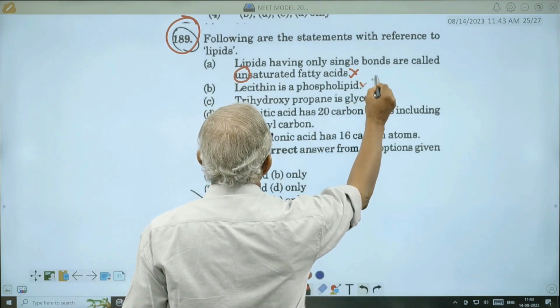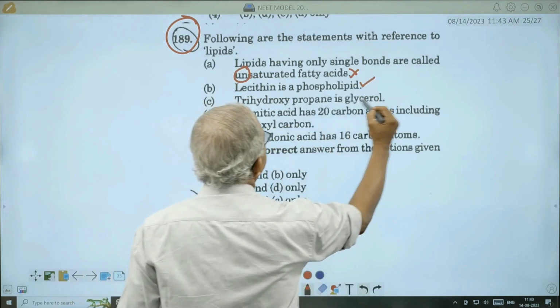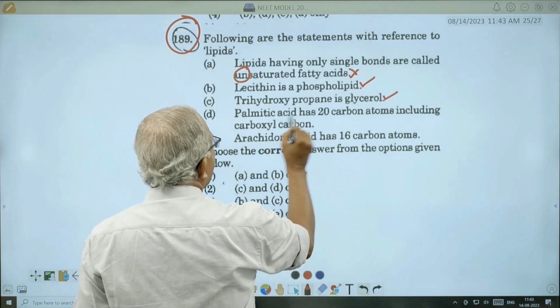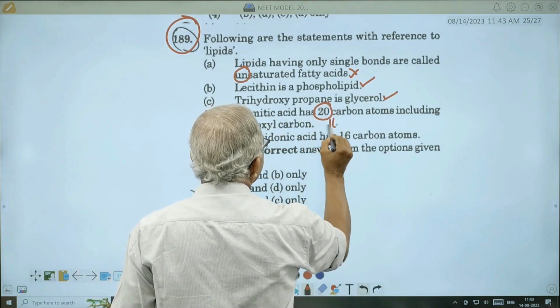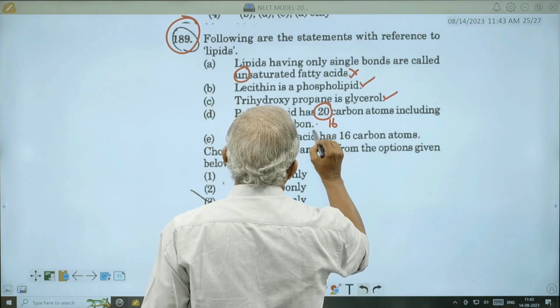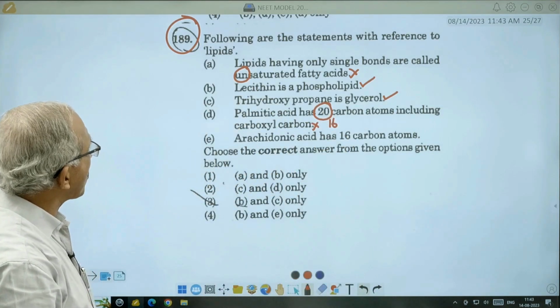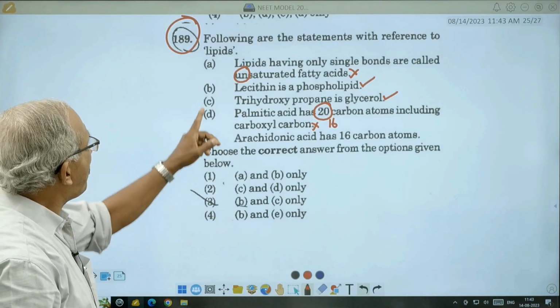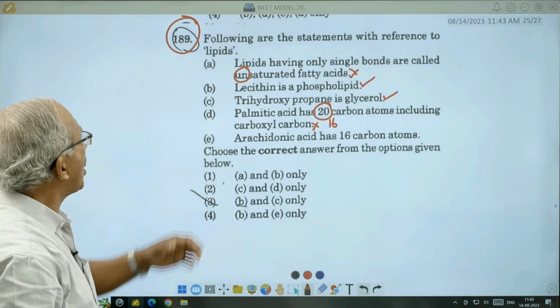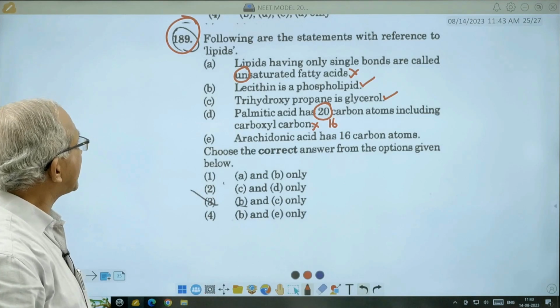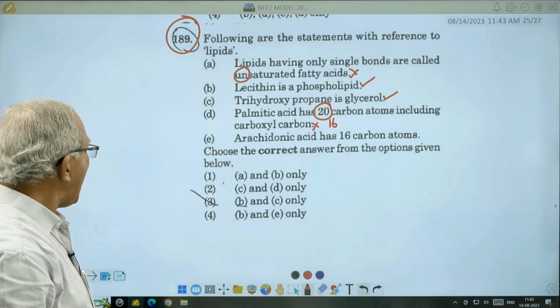Lecithin is a phospholipid. Trihydroxypropane is glycerol. Palmitic acid is a 16 carbon compound, not 20. Lipids having only single bond are saturated.